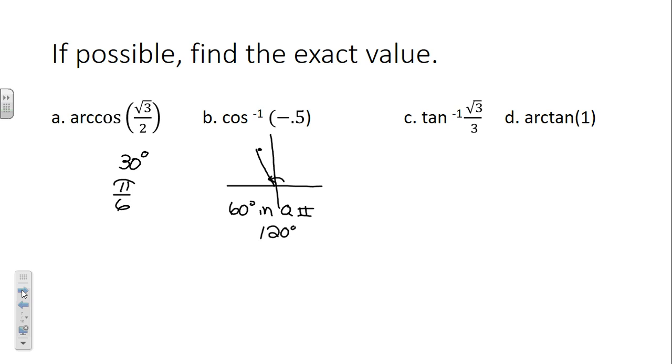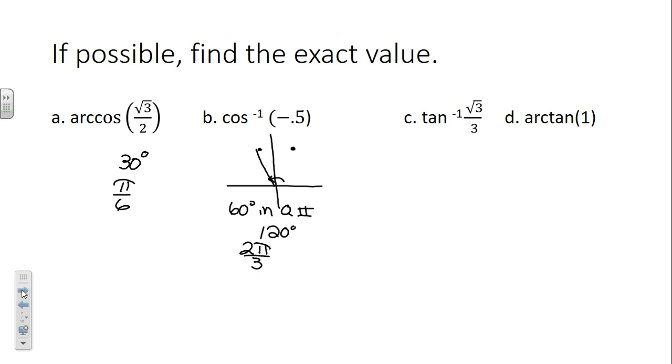What's the radian measure of that? 2 pi over 3. Okay, so do you see why you need to know your table? Inside, outside, backwards, forward, those special angles? Sine of 30, sine of 45, sine of 60, cosine 30, cosine 45, cosine 60, tangent 30, tangent 45, tangent 60. Okay?